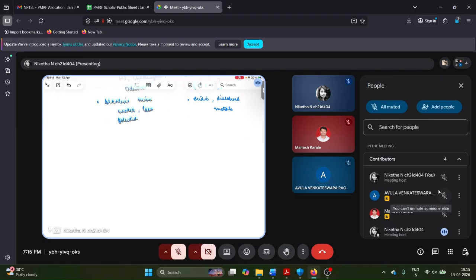Okay, so now coming to the definition of mine water or the mine wastewater. This is water which has a high amount of inorganic and suspended impurities, and also has a lot of dissolved metals.